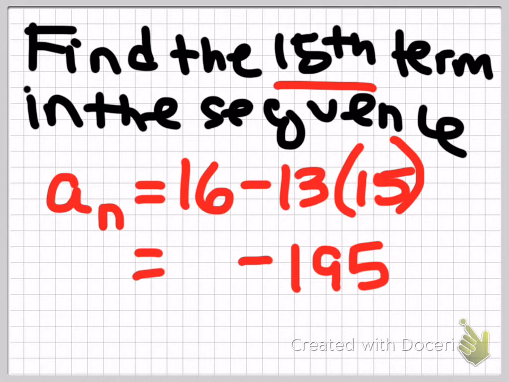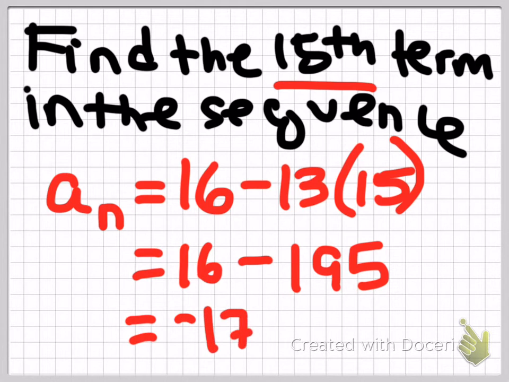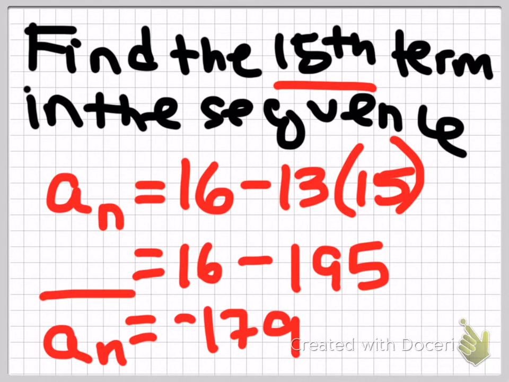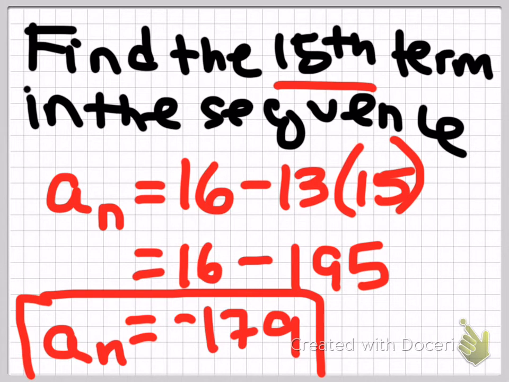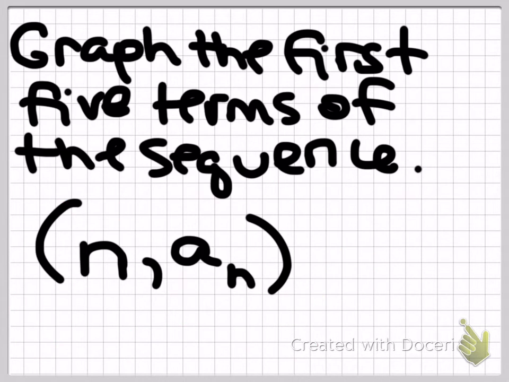And we're going to subtract this from 16, which gives us negative 179. So our nth term, or in this case our 15th term, is negative 179.